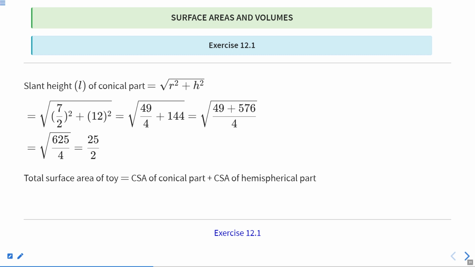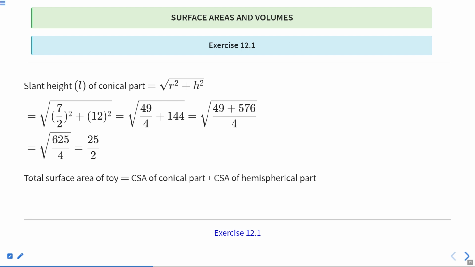Before finding the total surface area of the toy, we need to find the slant height L of the conical part. We know this formula: slant height L of the conical part is equal to square root of r square plus h square.